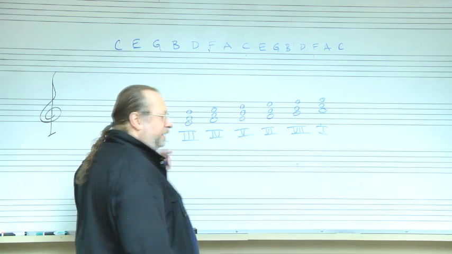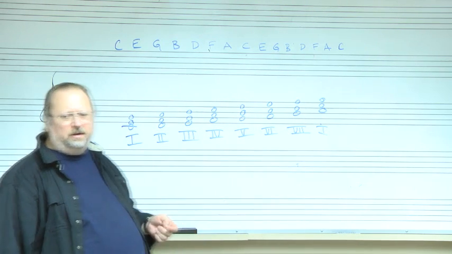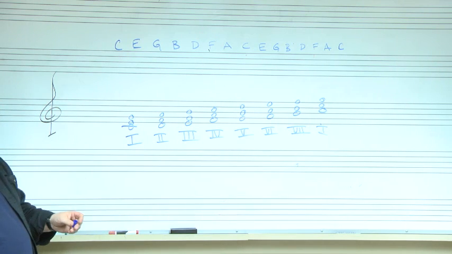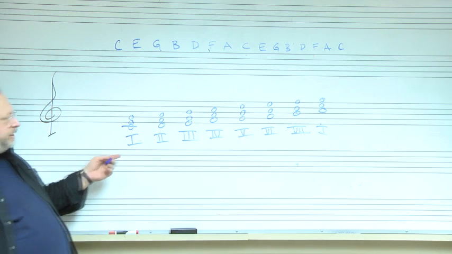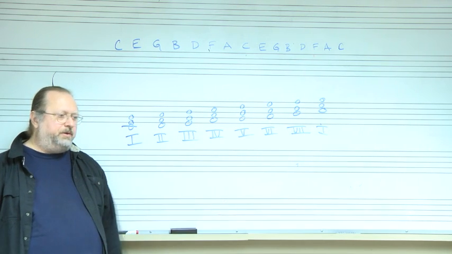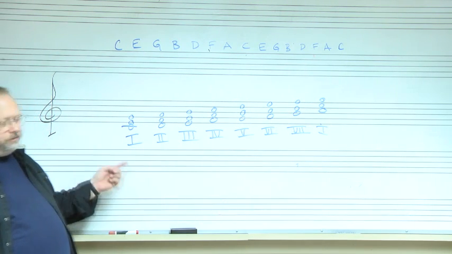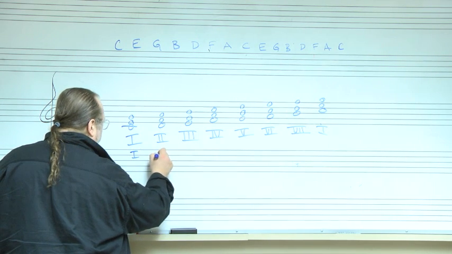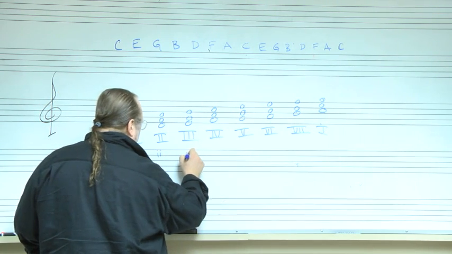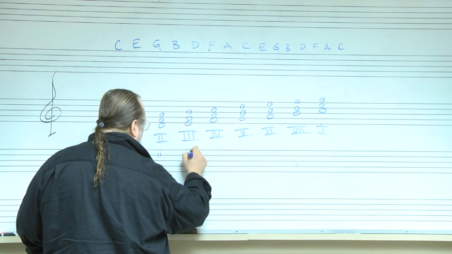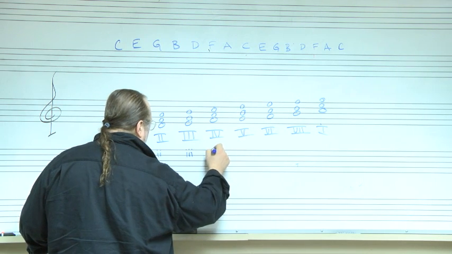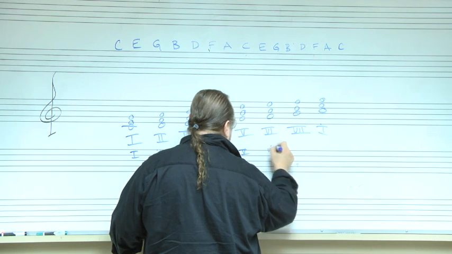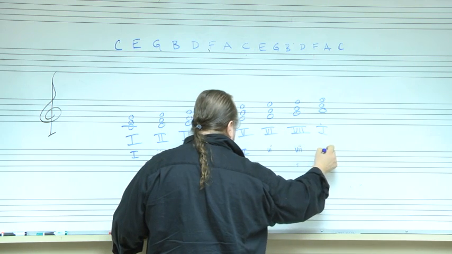Now, in traditional harmony classes and classical, this is jazz terminology, they just use big Roman numerals. All right, traditional harmony classes, they always use 1, 2, 3, 4, 5, 6, 7, and then 1.